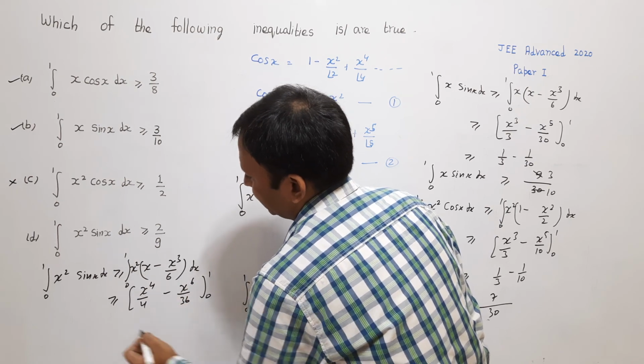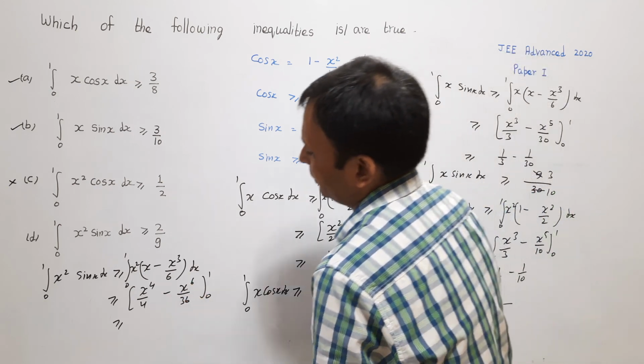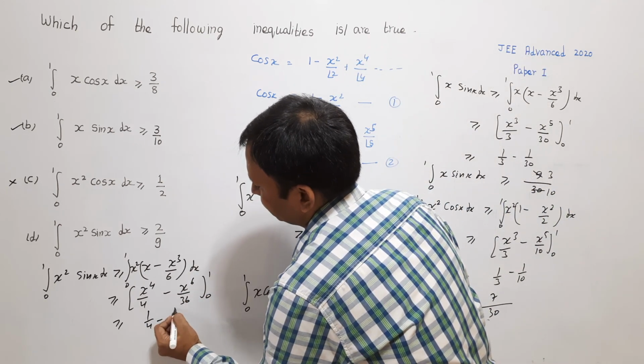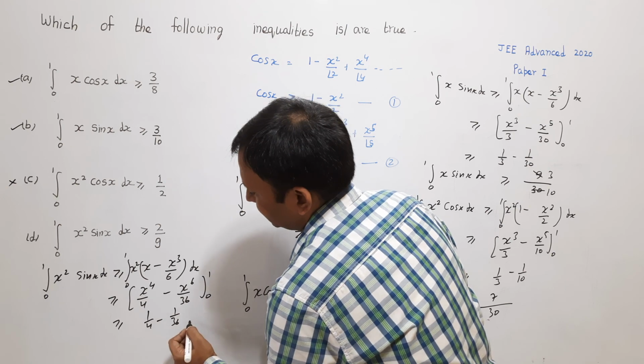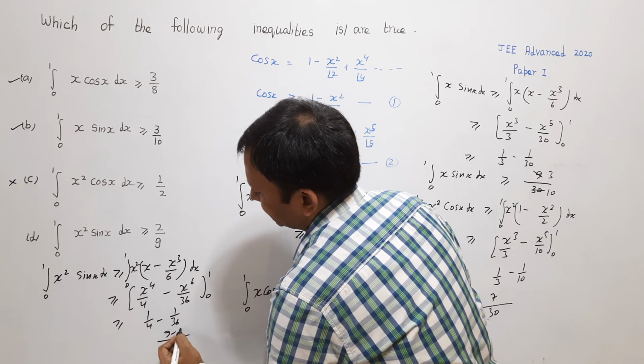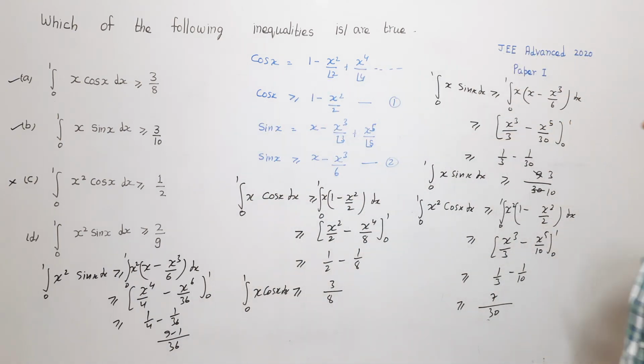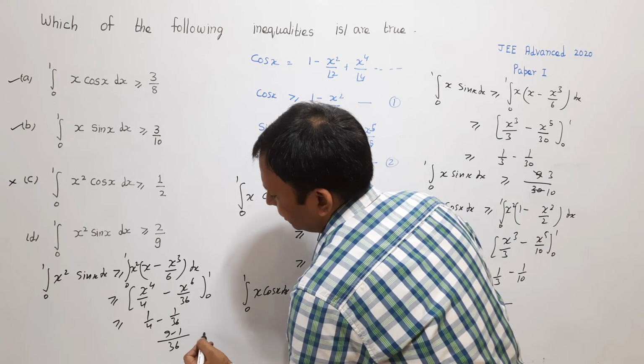And if I integrate this from 0 to 1 limits, what I get is 1 by 4 minus 1 by 36. Taking 36 as the LCM, I will get 9 minus 1, which is equal to 8 by 36. 8 by 36 means 2 by 9.